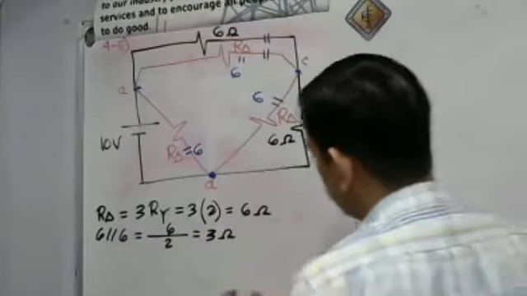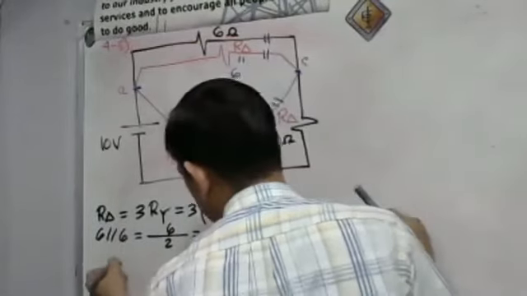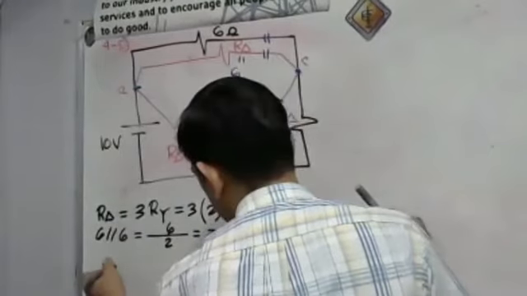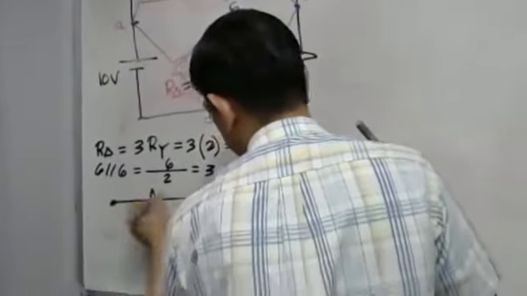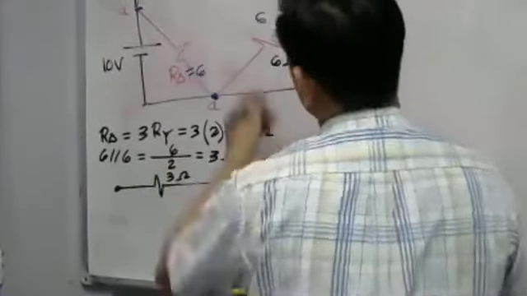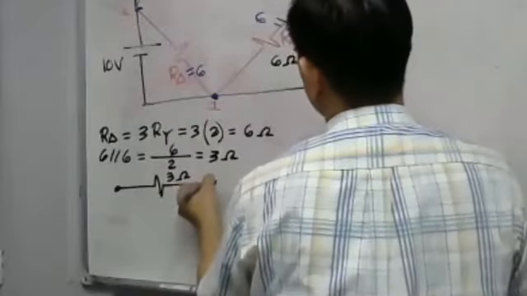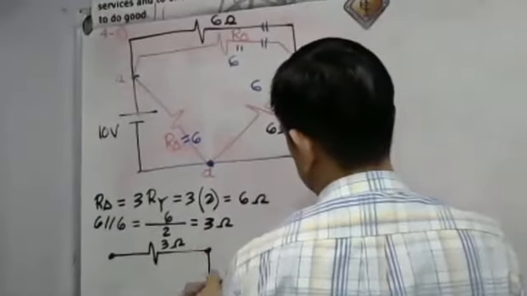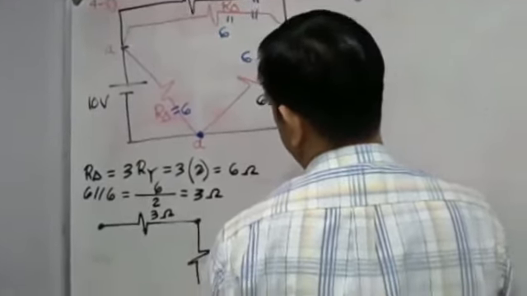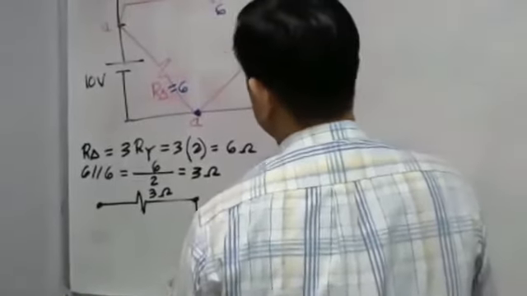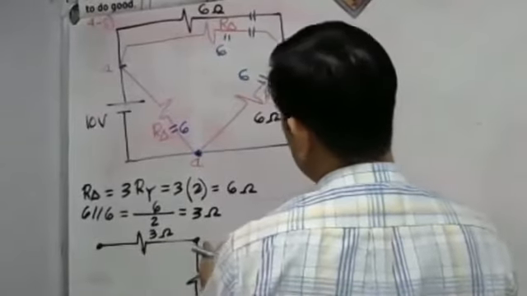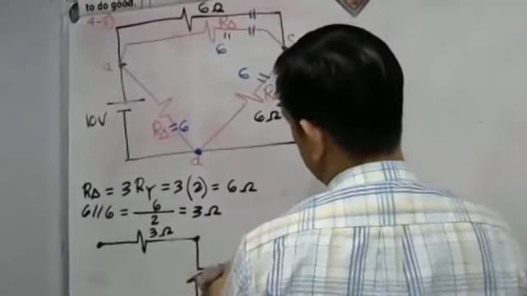Let us draw the equivalent circuit here. Let's say this is our point A. Then this will be our 3 ohms. Here will be our node C, with this 3 ohms.